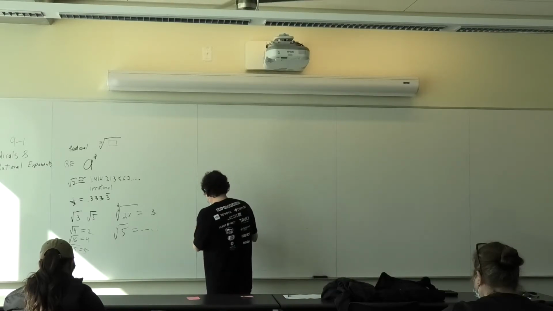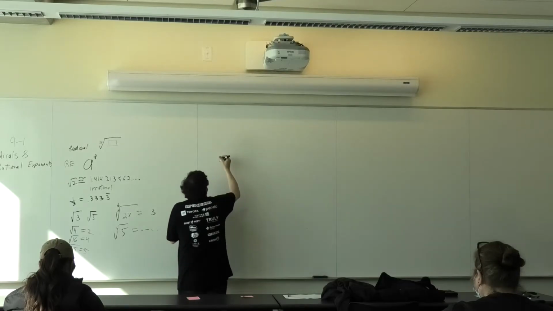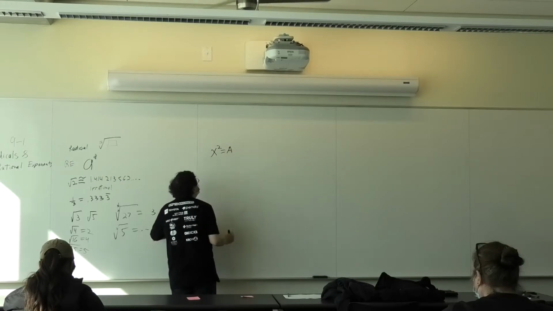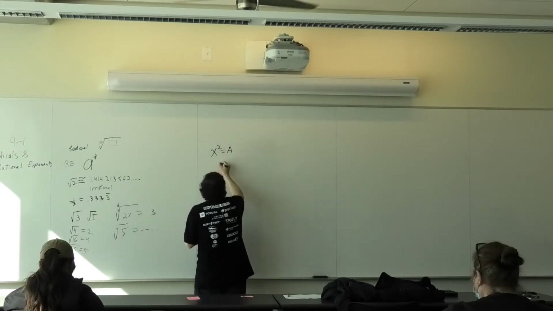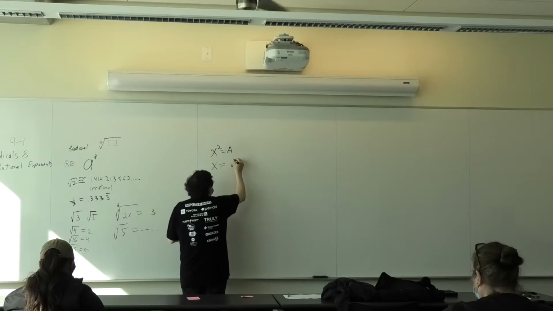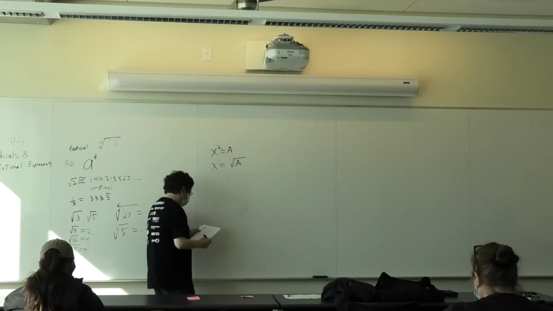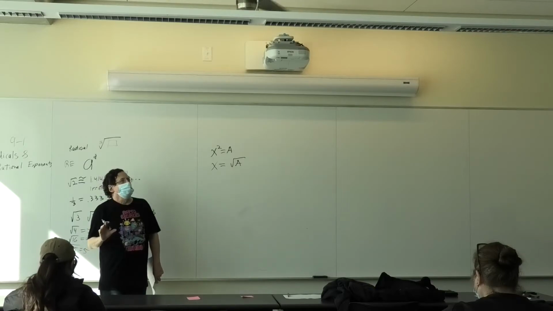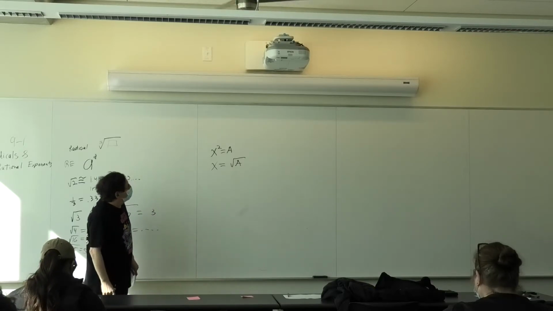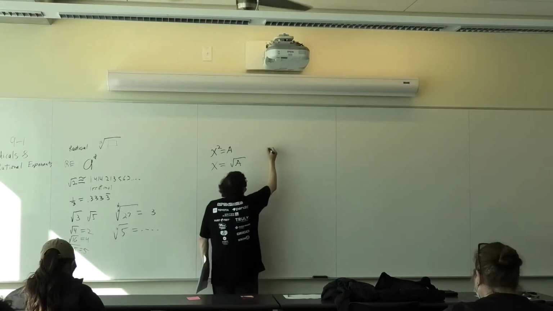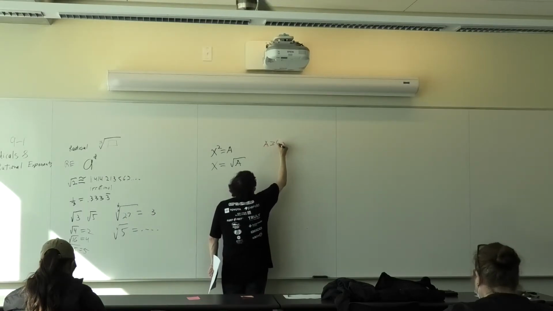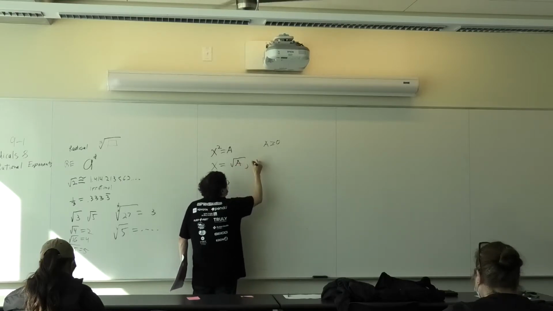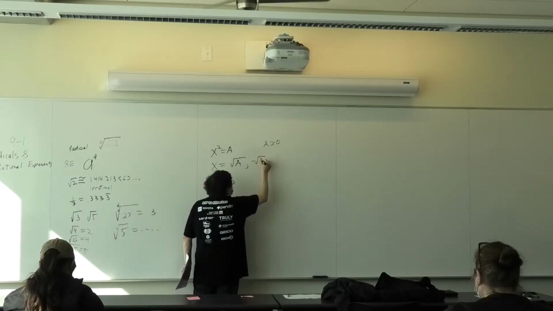If I have an equation x squared equals a, then the solution is x equals the square root of a. Well, if a is greater than or equal to 0, there are actually two solutions: the square root of a and the negative square root of a.